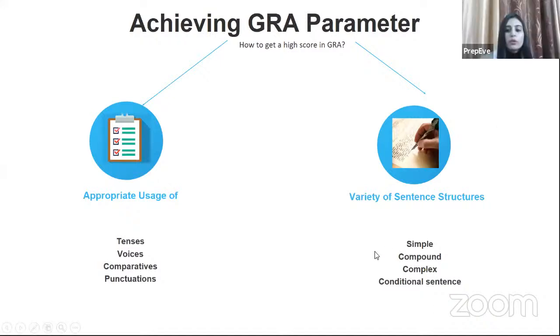So now that you know conditional sentences are if and then sentences, try to use them in both your writing and your speaking. Try to frame sentences. For example, in case of your third round in your speaking, if they're giving you, let's say, a question, what do you think about so and so thing? So you can create an if and then situation.